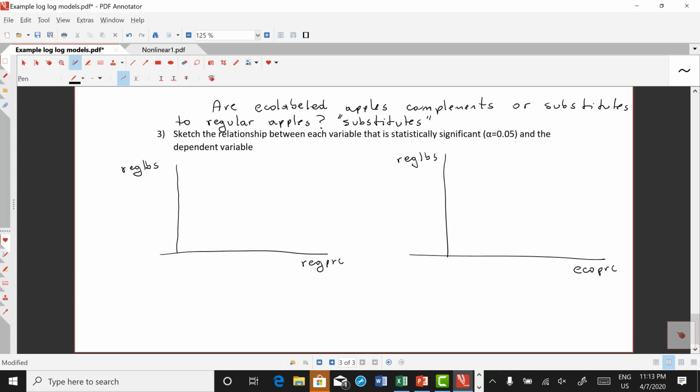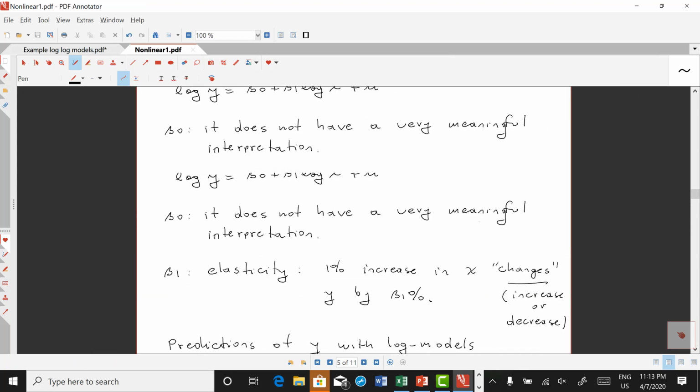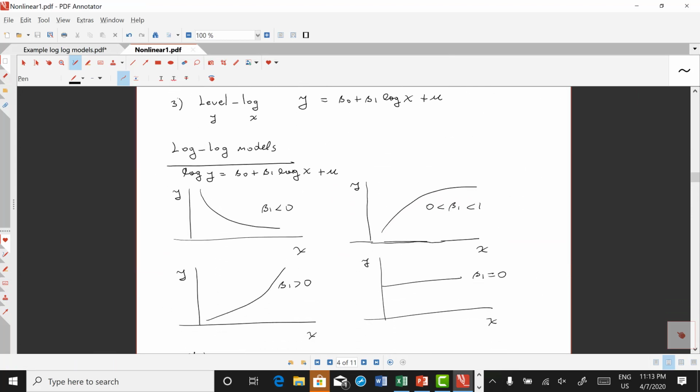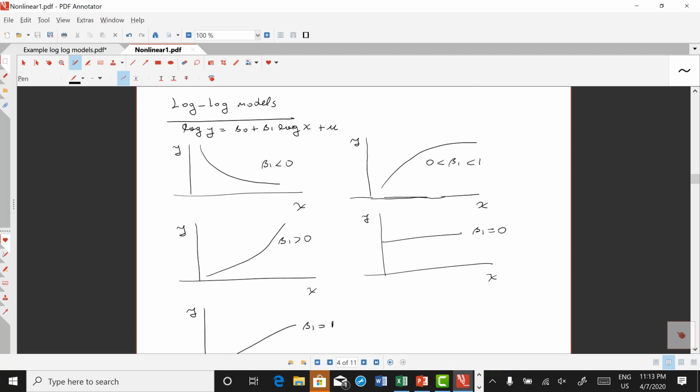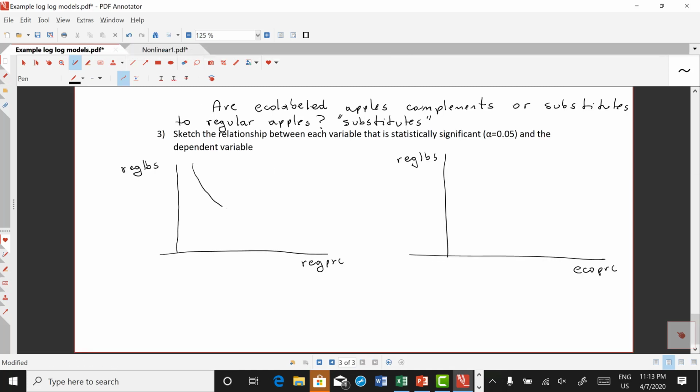Okay, so let's go and see the shapes that we had discussed in the previous class. Remember, for the own-price elasticity, we have that beta 1 is less than 0 because it's minus 0.73. So the shape should be this one. For regular apples, beta 1 hat was minus 0.73.